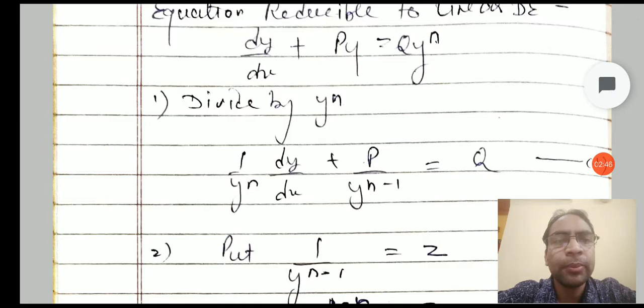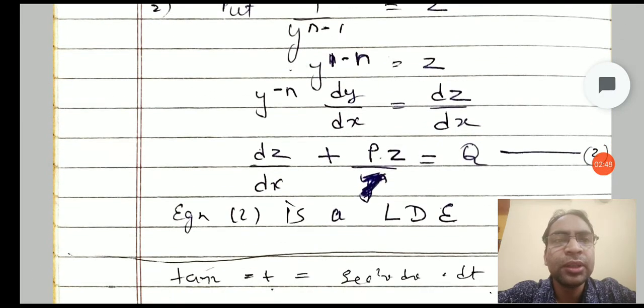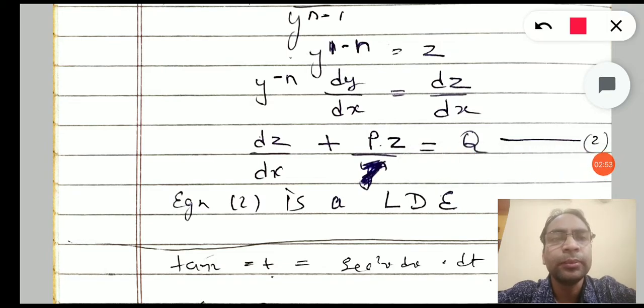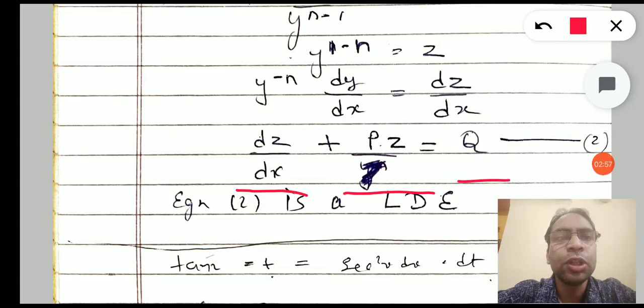So just by performing these two substitutions, we can see that the equation is converted. So this is dz by dx plus p of z is equal to q. Now this is a linear differential equation in two variables x and z. So this is how we can reduce the equation to the linear differential equation.